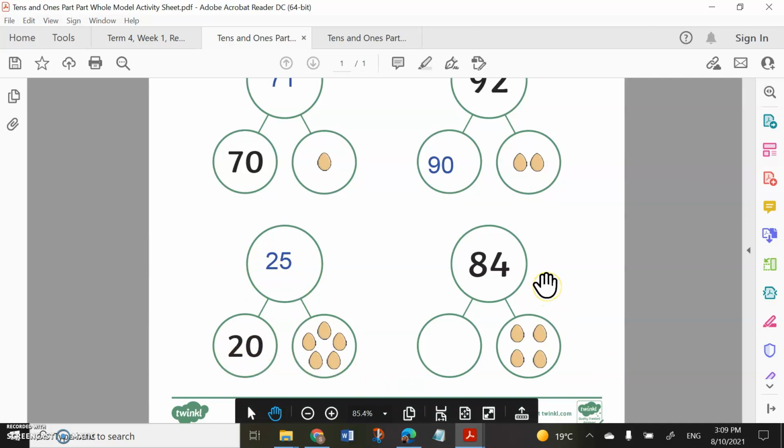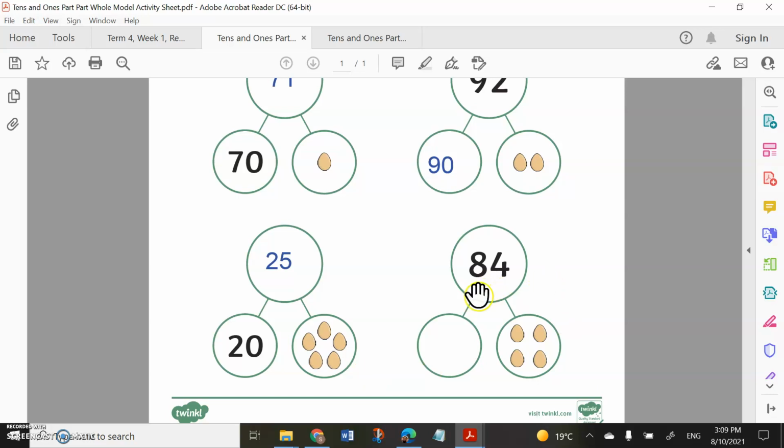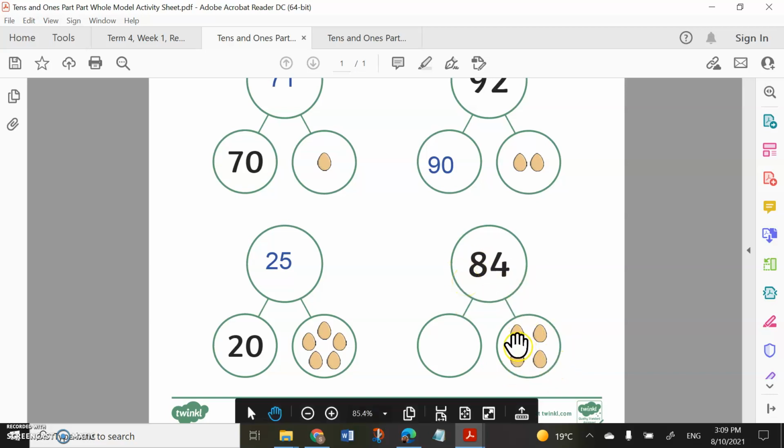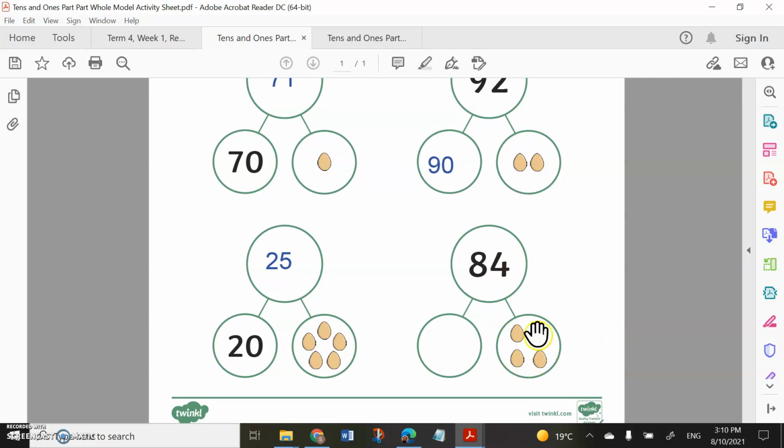Let's have a look at this. This is another big number. 84. So what clues do we have here? We've already got 4 little eggs. 1, 2, 3, 4. 4 eggs. See, there's the number 4. 4 in the ones column tells me 4 eggs. And this is an 8 in the tens column.